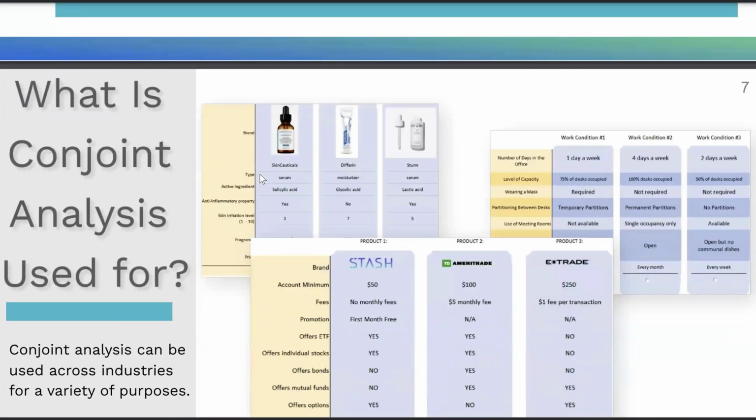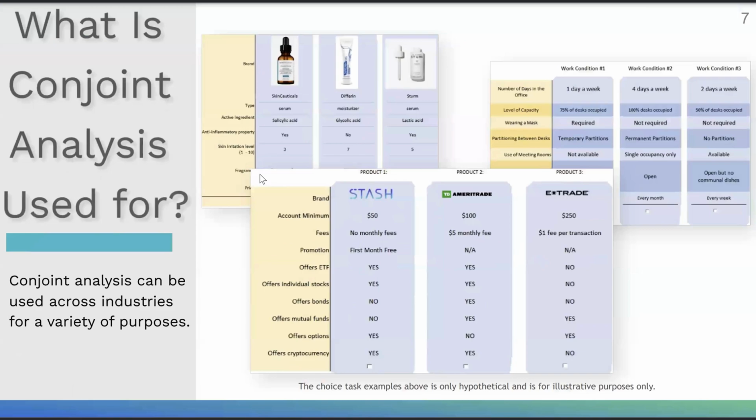Conjoint analysis can be used in so many industries. Just yesterday, I happened to run into an acquaintance who was asking me about conjoint analysis, and the person works in the medical field. And yes, this can be done in the medical field, where a pharmaceutical company can understand the most optimal way to present a pharmaceutical product, or a financial company can optimize the products that they offer within their application.